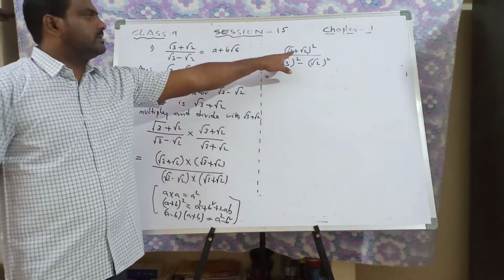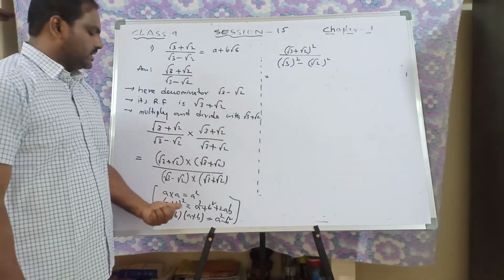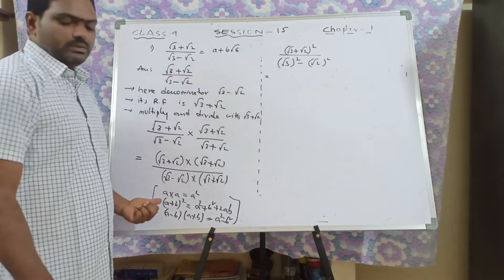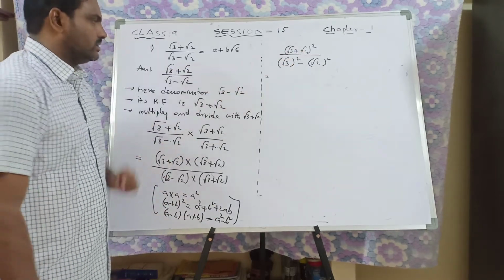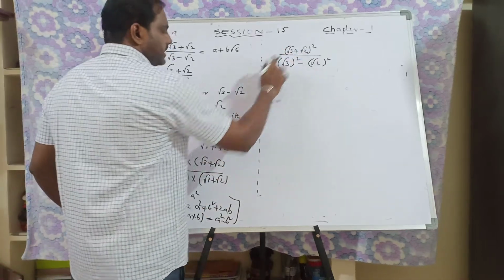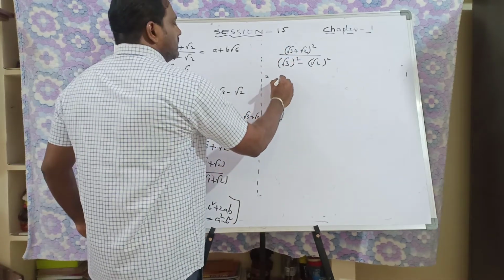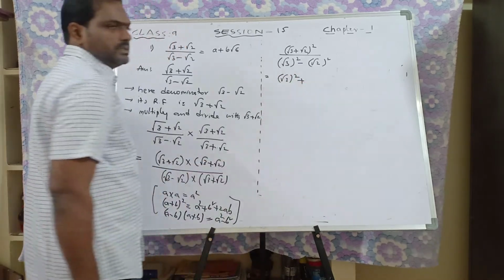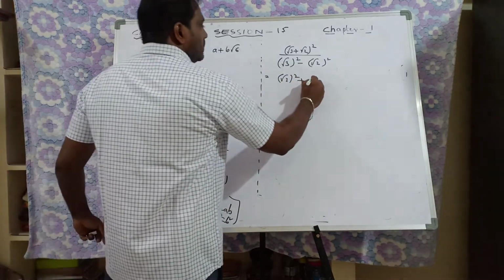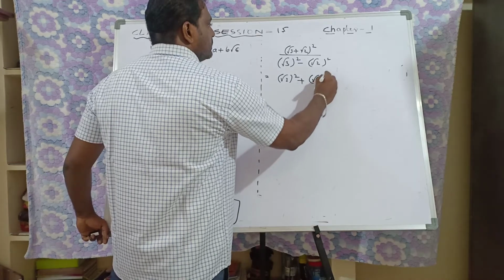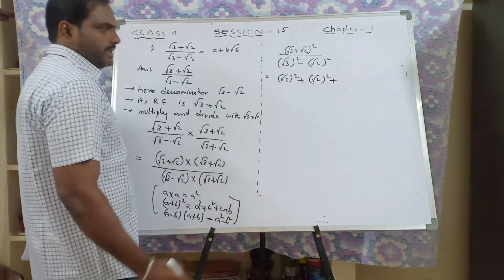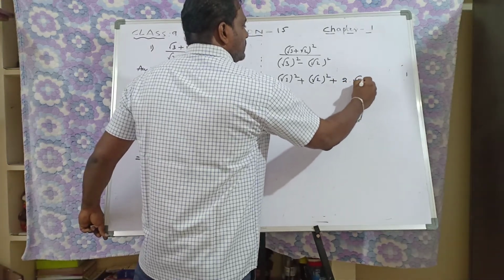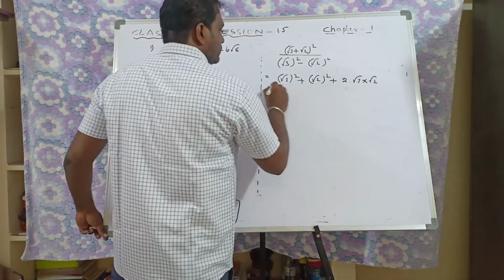Now look at this. The numerator is in the form of a plus b whole square, which is a square plus b square plus 2ab. What is a there? Root 3. And what is b? Root 2. So a square is root 3 whole square, plus b square, root 2 whole square, plus 2ab, that is 2 into root 3 into root 2.